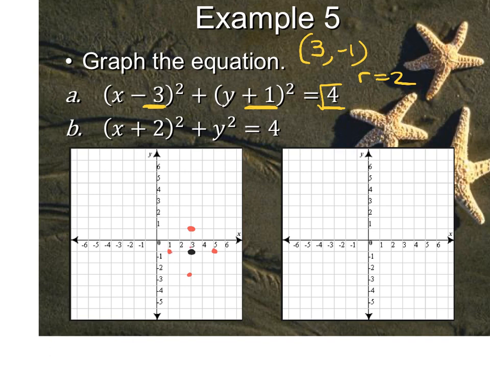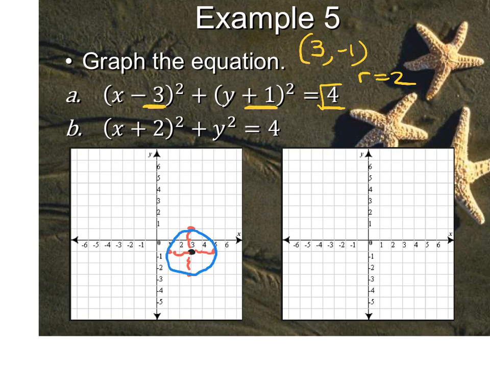So I'm counting 2 boxes in each direction. And then now what I can do is connect these radii and circle around it. And there's your circle. So you don't need to show those red squiggly lines.